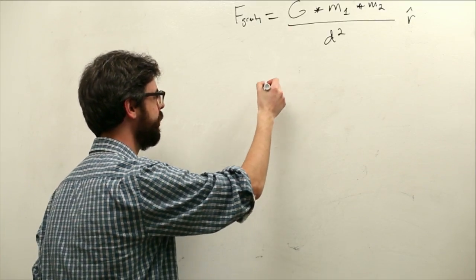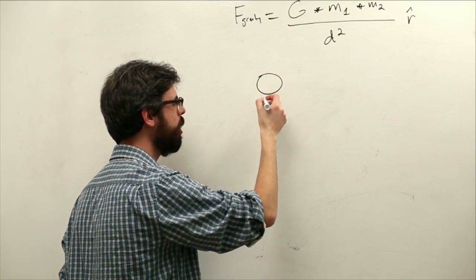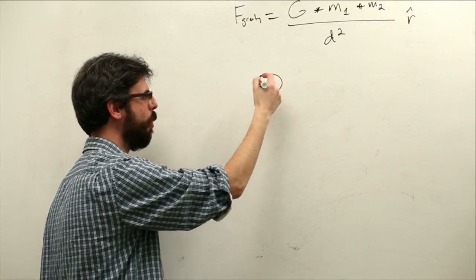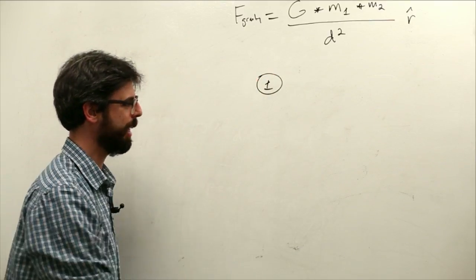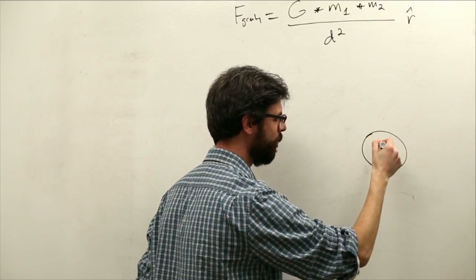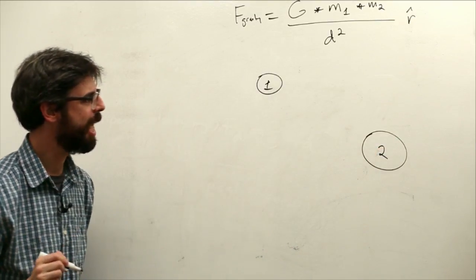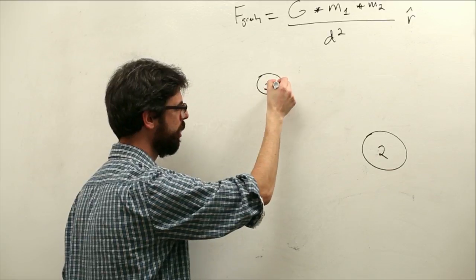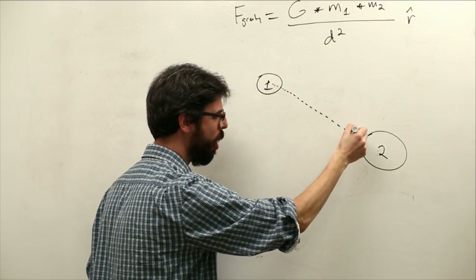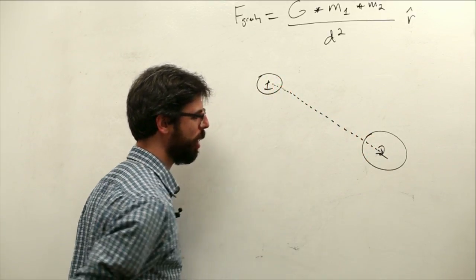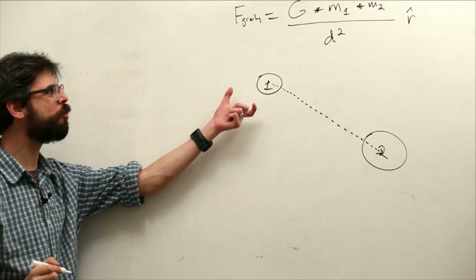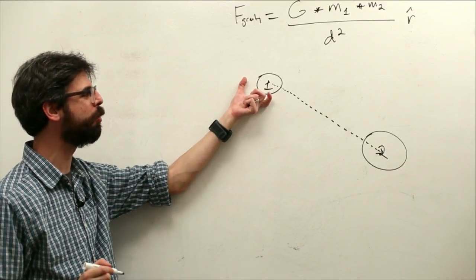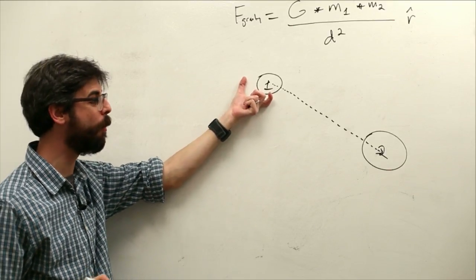So we have an object, 1, with a mass. This is object 1, and it has a mass. And this is object 2. It has a mass. And what is r? R is a vector that points all the way from one object to another. So the gravitational force on object 1 is a vector that points from 1 to 2.